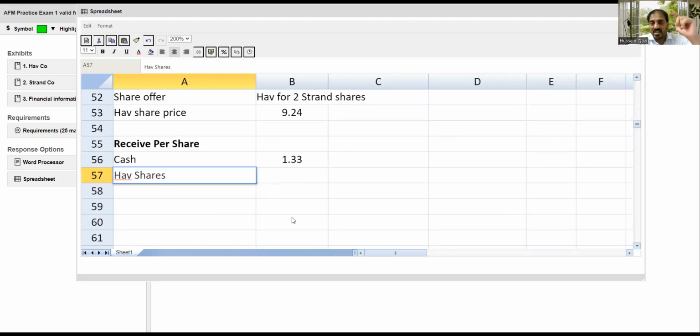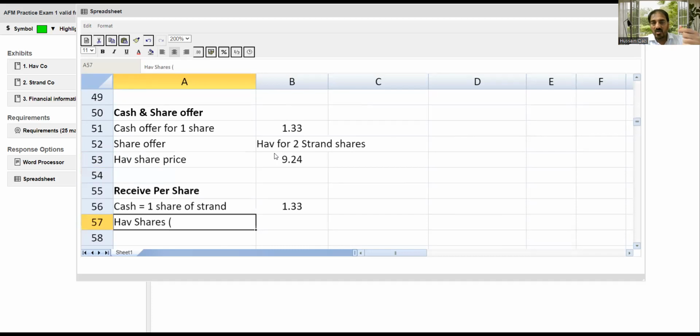Means what Strand company will receive based on one share. So based on one share, this cash is actually against the one share of a Strand. Sorry, Have has offered one share for 2 Strand shares.